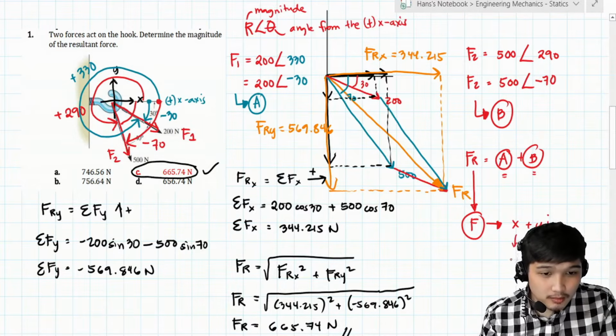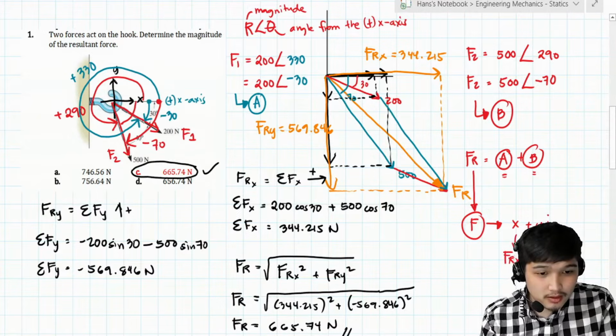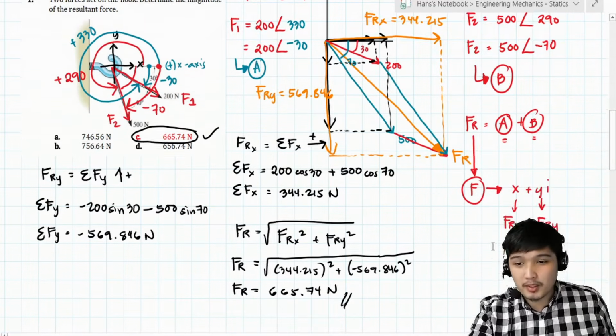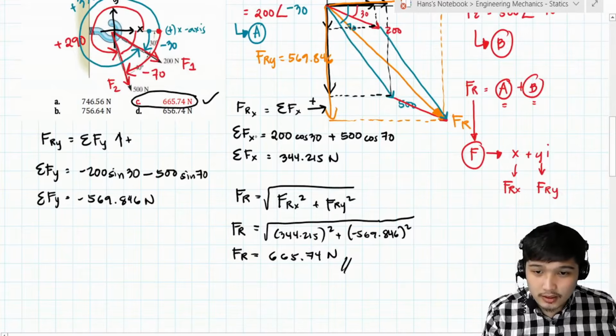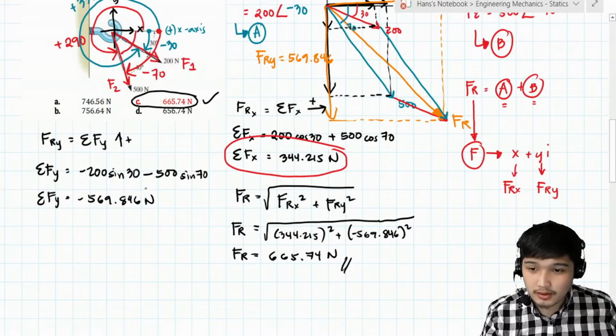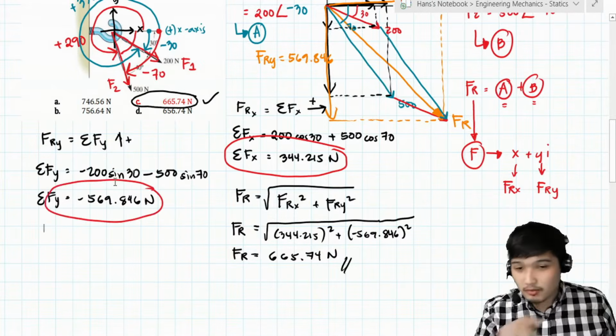Yung x represents yung horizontal component FRx, and then yung y represents yung vertical component FRy. Kaya mapapansin mo, yung nasa calculator is the same dito, 344 saka negative 569.